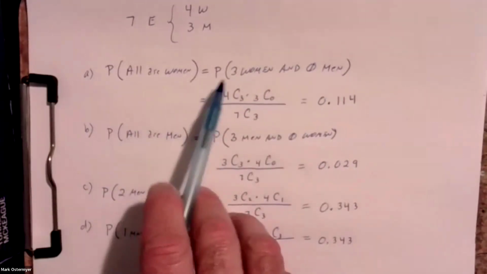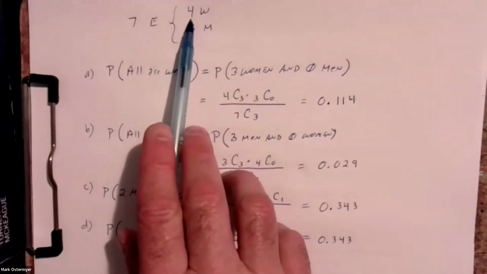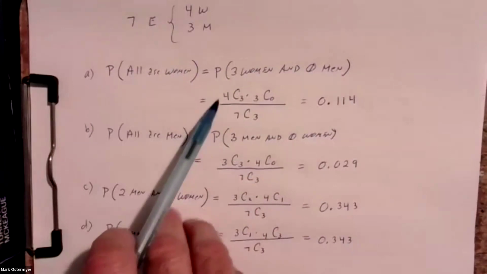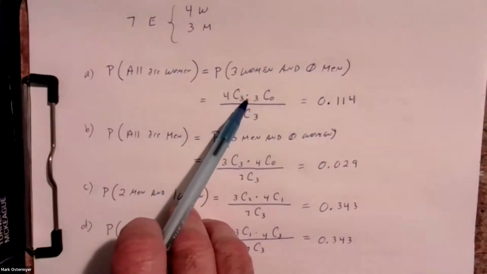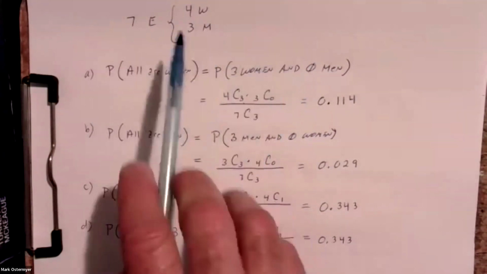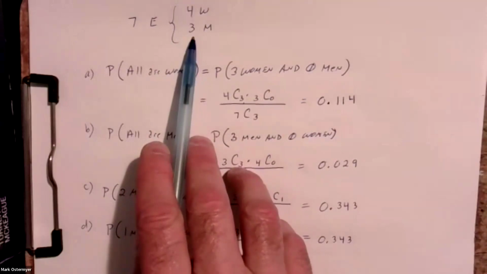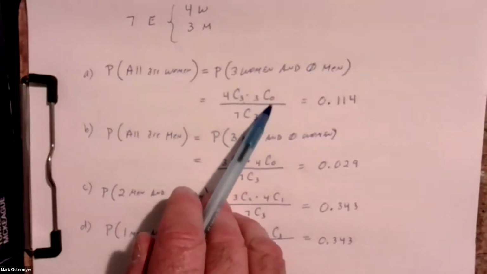Well, how many ways can we select 3 women from 4 women if order doesn't matter? That is going to be 4 in combination with 3 times how many ways can I select 0 men from 3 men if order doesn't matter? That'll be 3 in combination with 0.